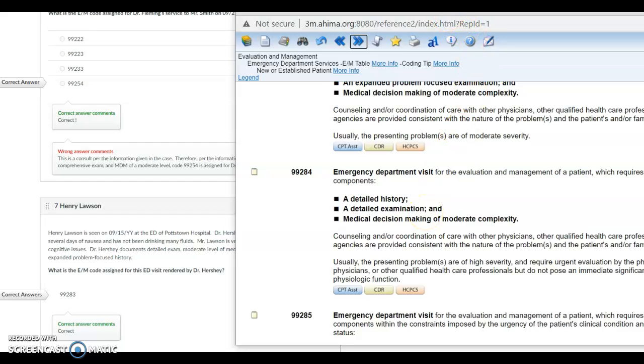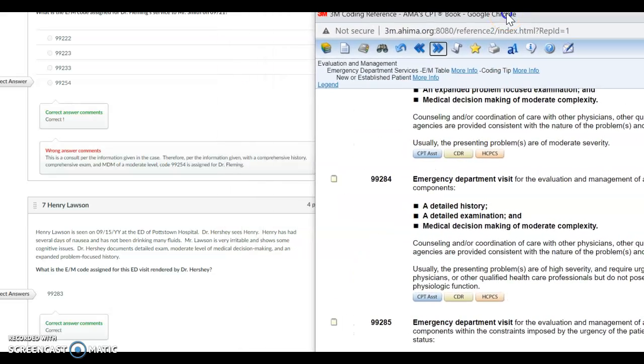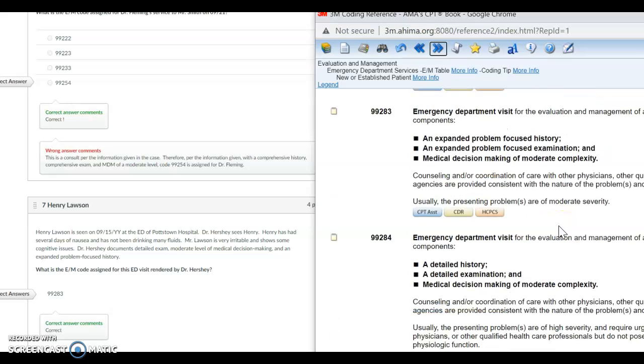We have a moderate level of medical decision making, which is a 99284. And my history is an expanded problem focused history. So unfortunately, my history wasn't detailed, so I have to downcode because all three of these have to be met to code a 99284. So with this one, it has to be a 99283.